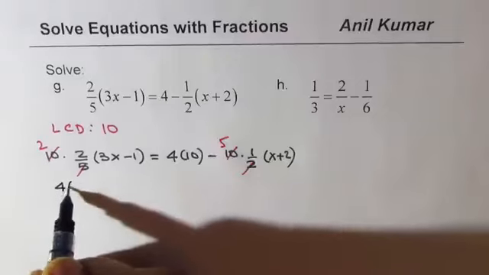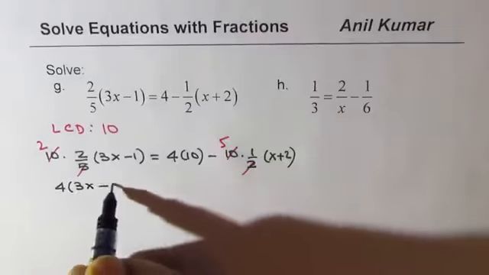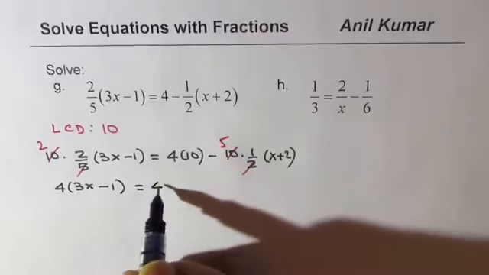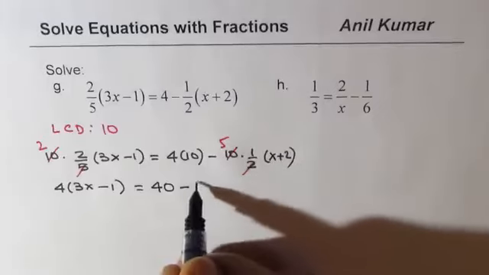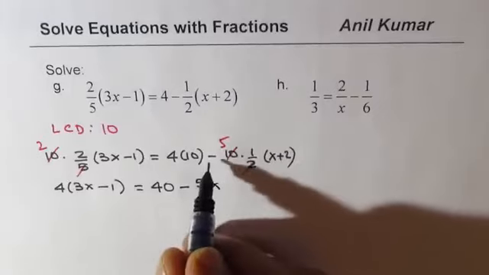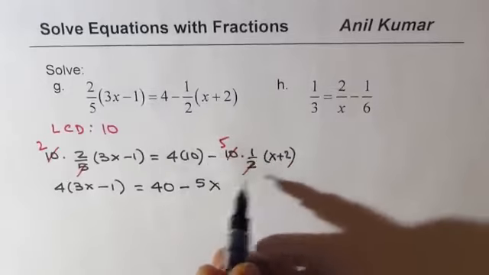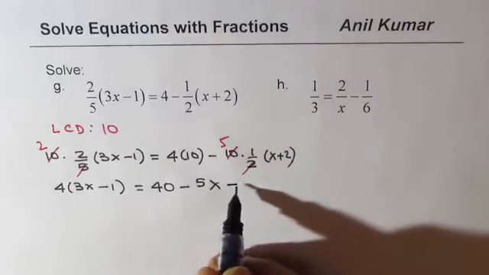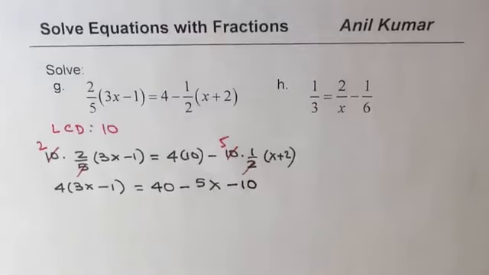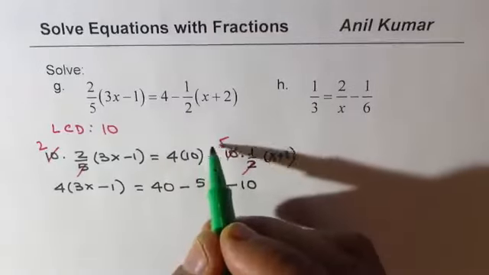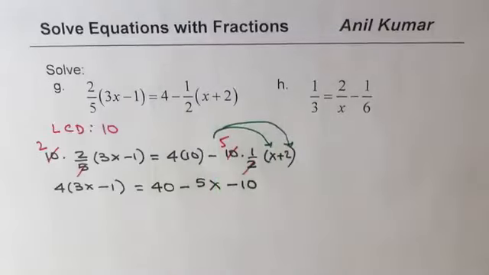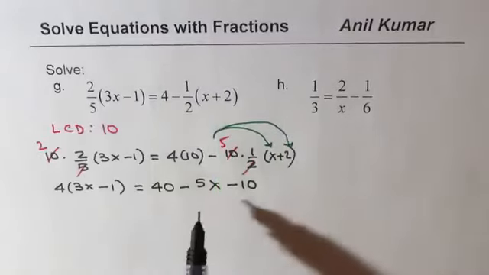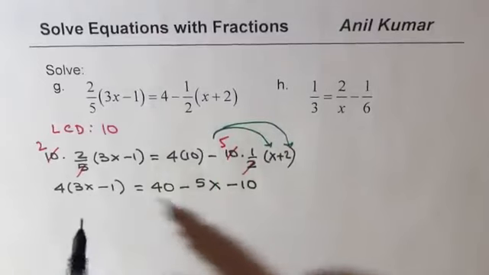So we're at 4 times (3x minus 1) equals 40 minus. So when you open this bracket, remember to apply minus 5 to both, right? So minus 5x and minus 10. So take care of the minus sign also, right? So you have to multiply with both the terms. Bring x's together. Let's open this bracket also.